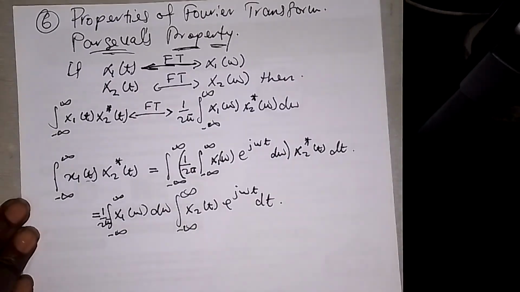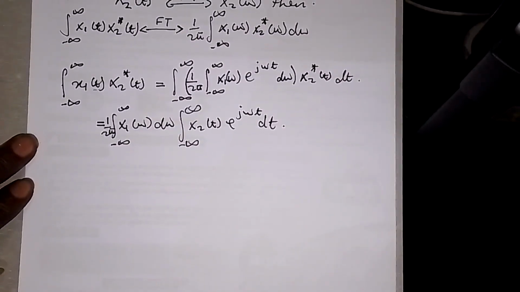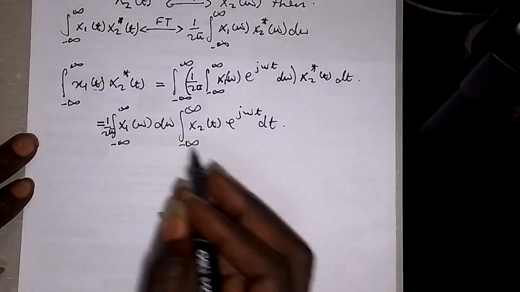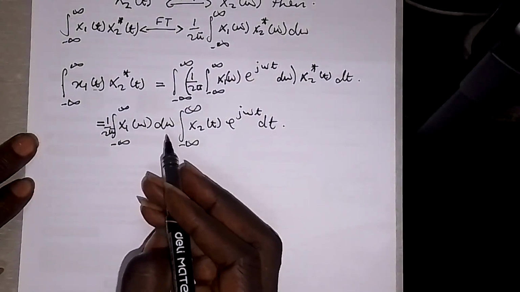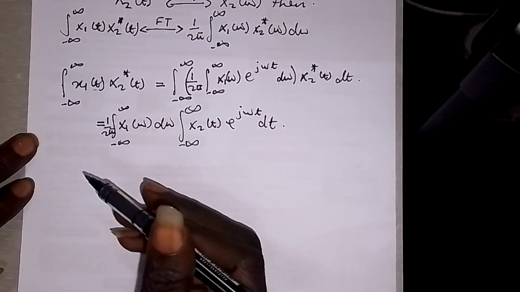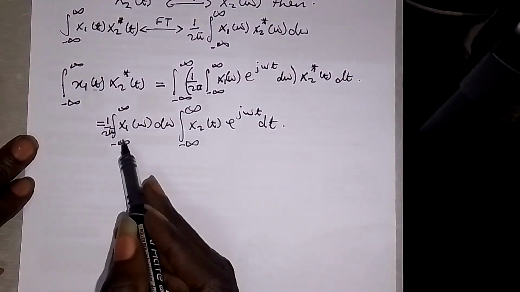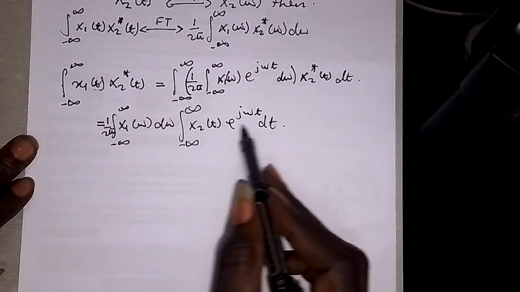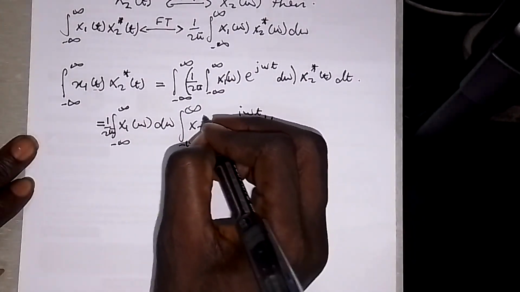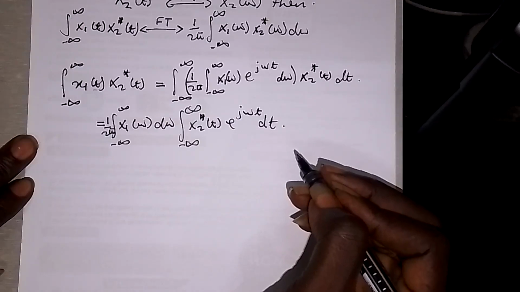All right. So now if I have it in this way, then what I can actually have is this: this particular format is a complex conjugate.